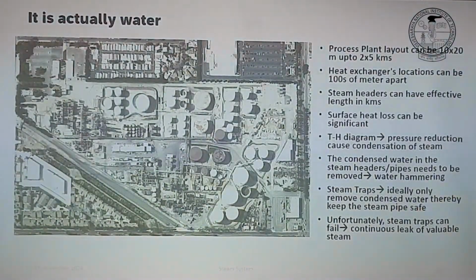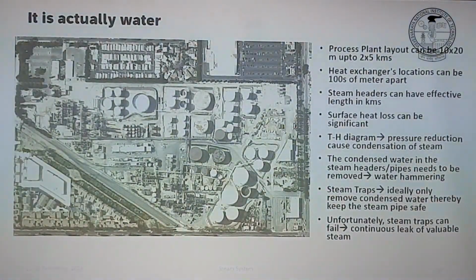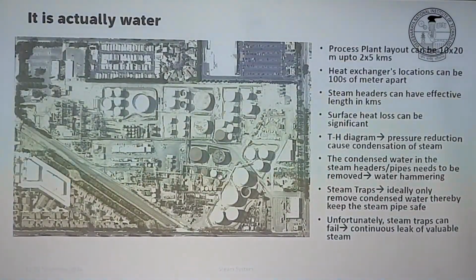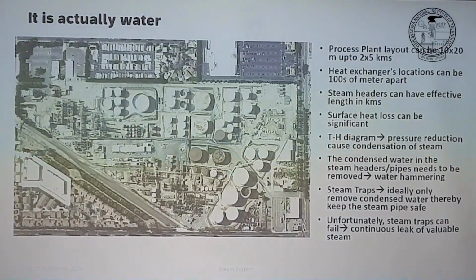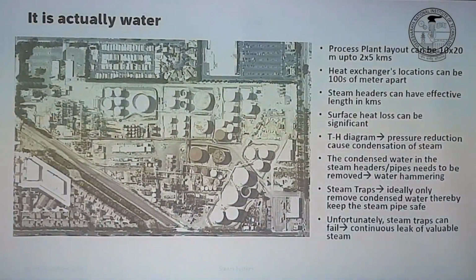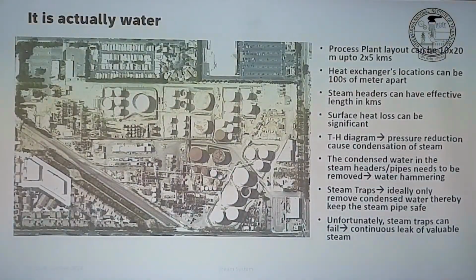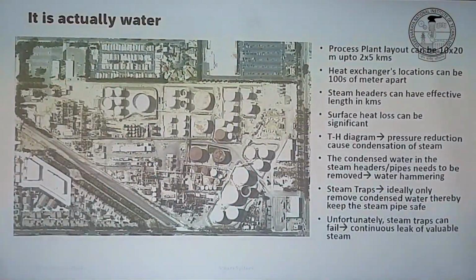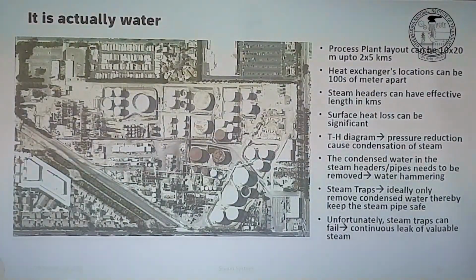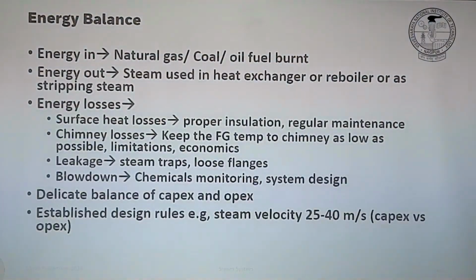What is normally done is that every 20-30 meters, or sometimes 100 meters, you have steam traps, right? It's a kind of equipment where you trap any condensed water. The pipes are on grade, so they slope slightly. Any water condensed goes into these steam traps, and they work in such a way that only the condensed water comes out and no steam comes out, if these are operated properly.